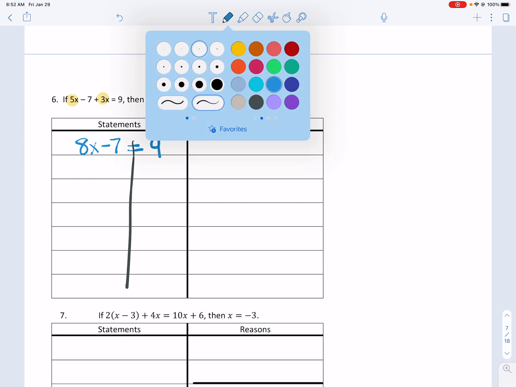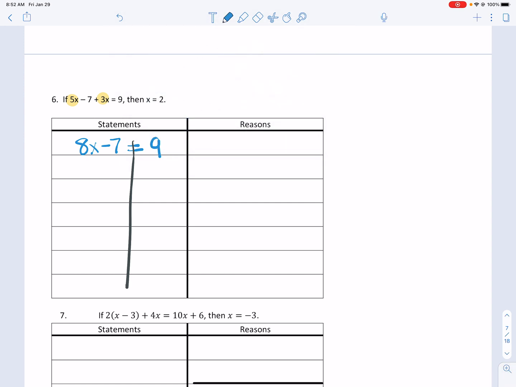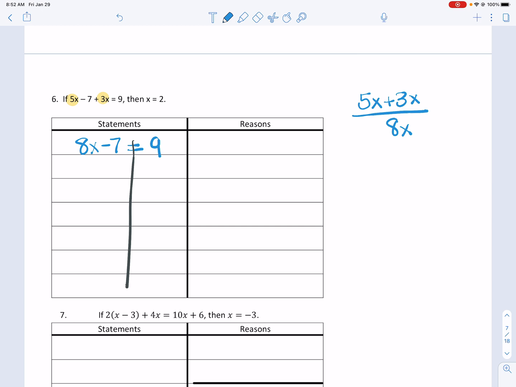Okay, now this is where we're going to have a lot of discussion. So I know, if I come over here to the side, I know 5x plus 3x, right, equals 8x because I'm simplifying on that side. So some people call this simplifying. Some people, I just like to call it what it is. I combine like terms. That's just what I'm going to say. I'm combining. And if you don't want to write all that, you could just say I'm combining, okay?